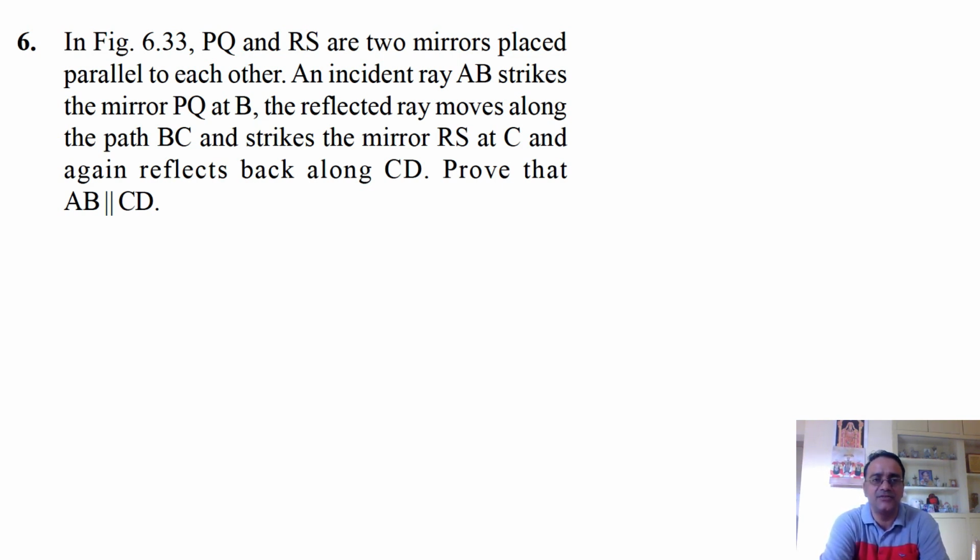In figure 6.33, PQ and RS are two mirrors placed parallel to each other. An incident ray AB strikes the mirror PQ at B. The reflected ray moves along the path BC and strikes the mirror RS at C and again reflects back along CD.